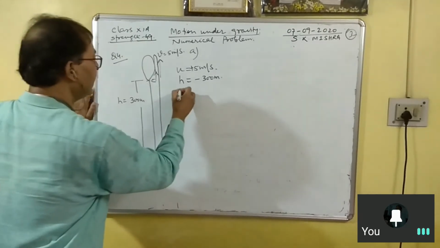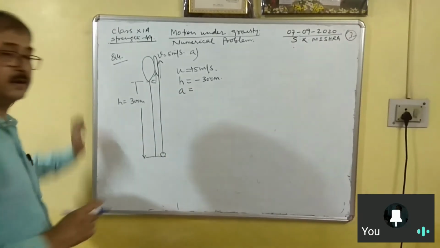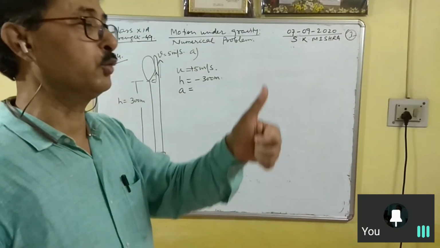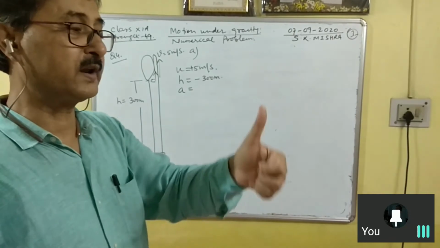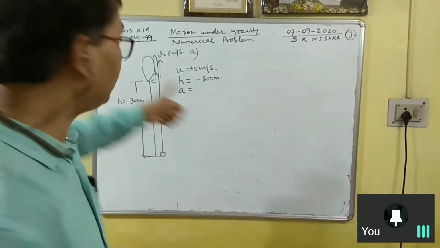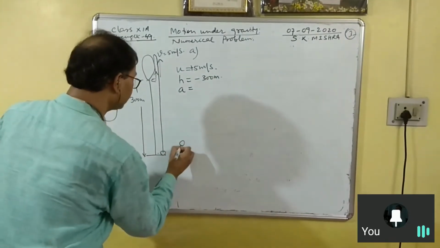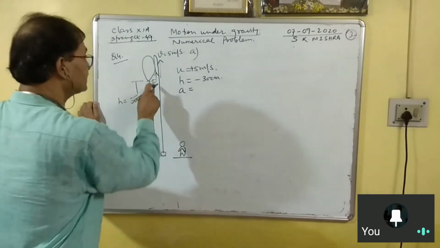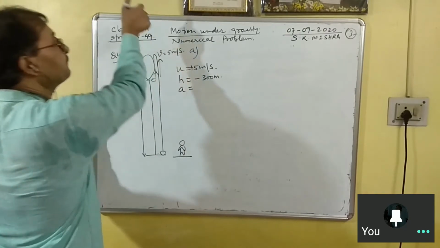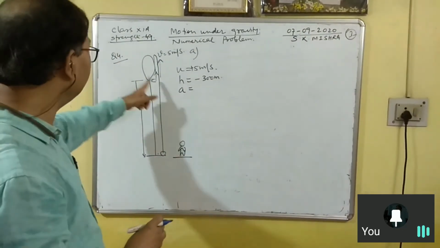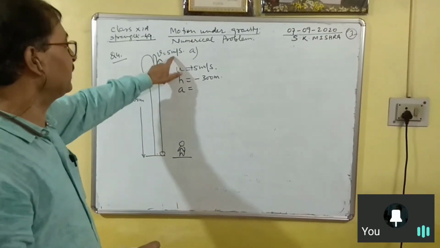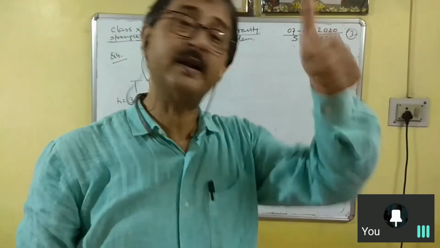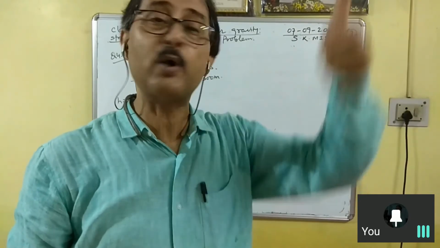Now a is equal to the acceleration due to gravity. If you see the initial condition, the stone is going vertically upward. Who will report this phenomenon? The person standing on the ground, observing from the ground. He observes that the stone will first go upward because it has some initial velocity, that is the velocity of the balloon, 5 meter per second. So the velocity is in the upward direction.